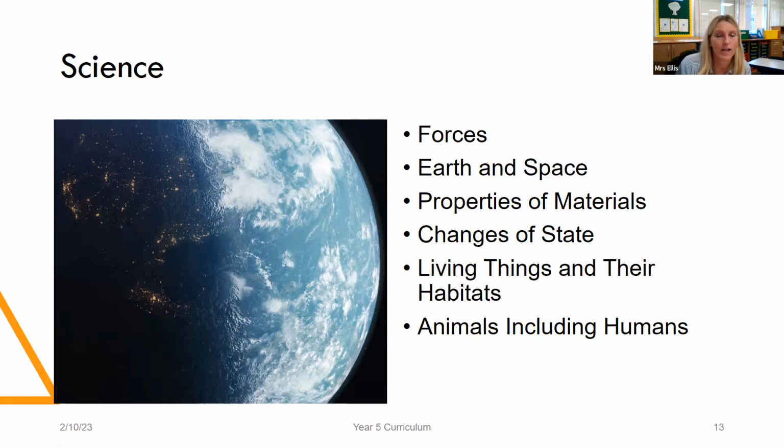So they're looking at planning and carrying out experiments, looking at how we observe and look for patterns, how we record our results, and also how we derive conclusions from the results we've got. So lots of different aspects of our science, not just throwing facts at the children as well.